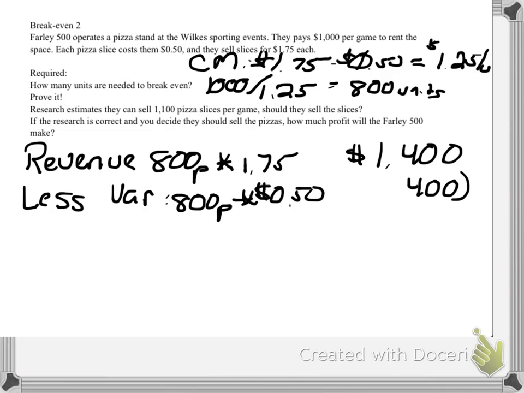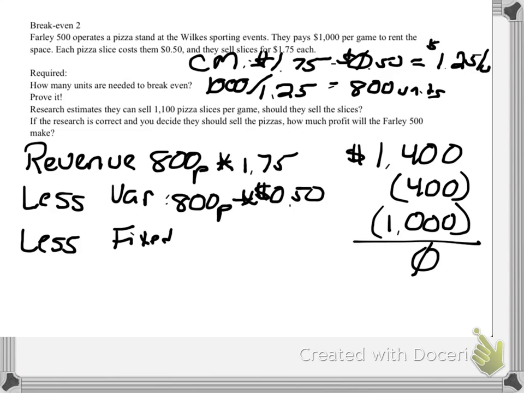In accounting, we put parentheses around things to show that we're subtracting them. You're also going to take less your fixed cost of $1,000, which we know. Therefore, you have no profit and no loss, so you're breaking even, and your net income is 0.